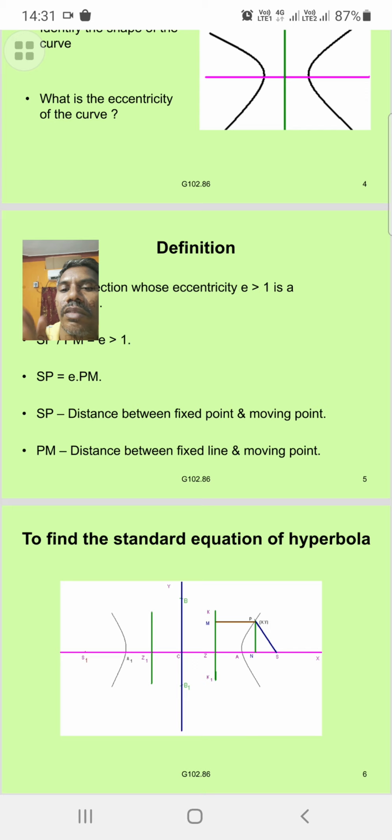And if we cut a particular part in the same way, in the downside part with some angle, we get a parabola.